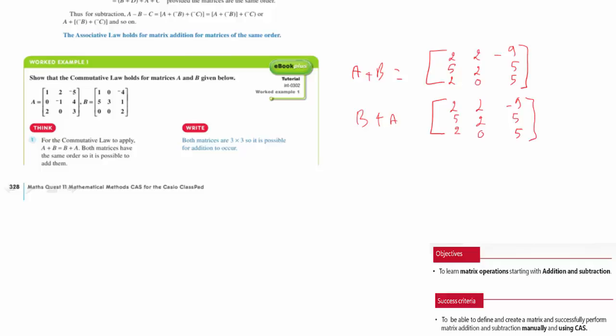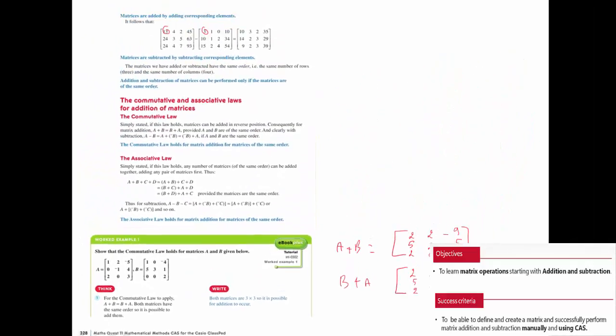So as you see, A plus B equals B plus A, then indeed they are commutative. So the commutative law holds.